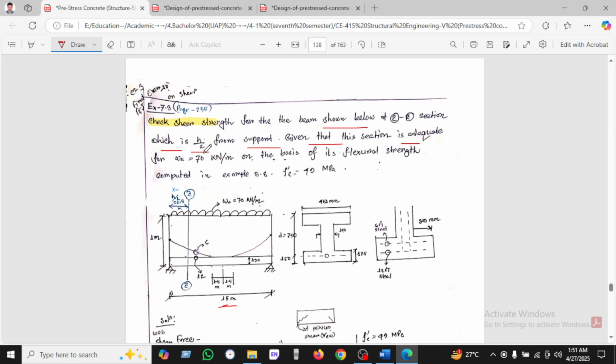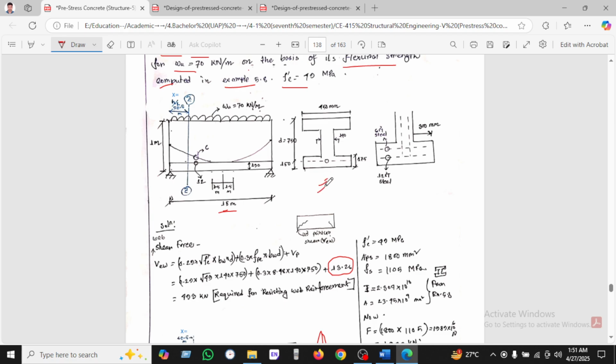Given that the section is adequate for W of 70 kilonewton per meter on the basis of flexural strength, compute. This is example 5.8, and F prime C is 49 MPa. You can see the section where B is 450 and D is 750, and the location of the CGS is 150.